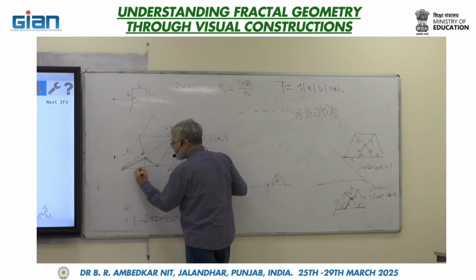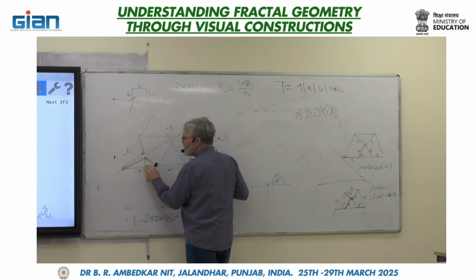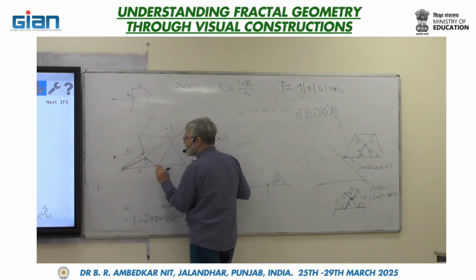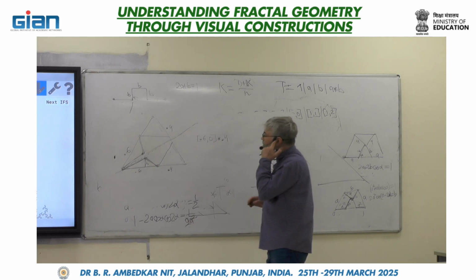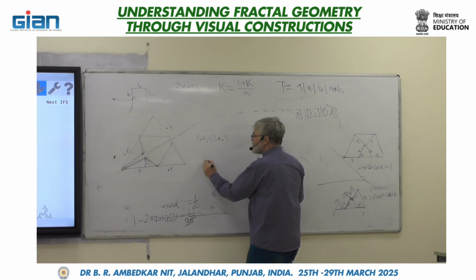And for this map, you need this parameter h. So h divided by 0.3 must be less than this.